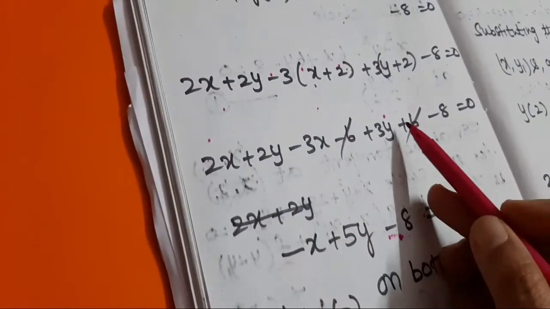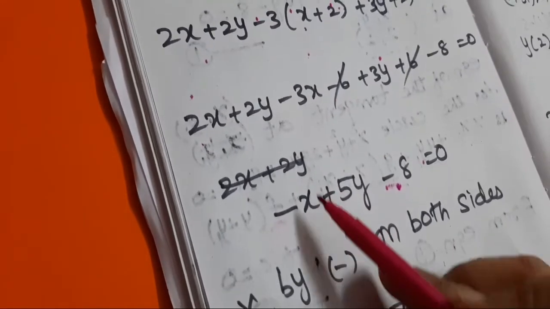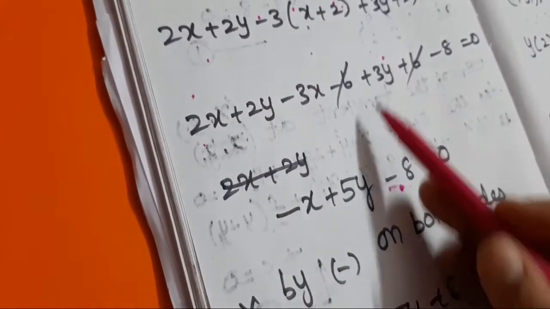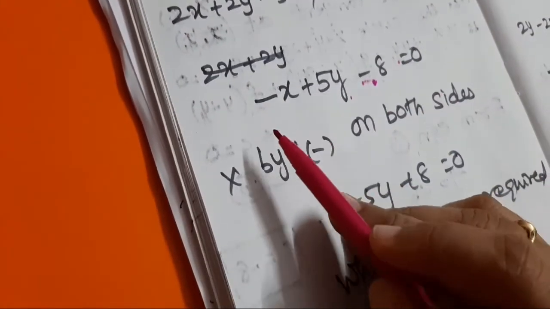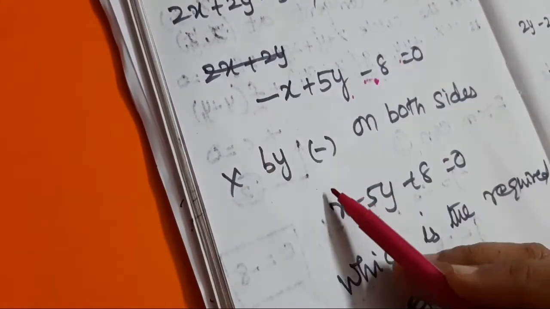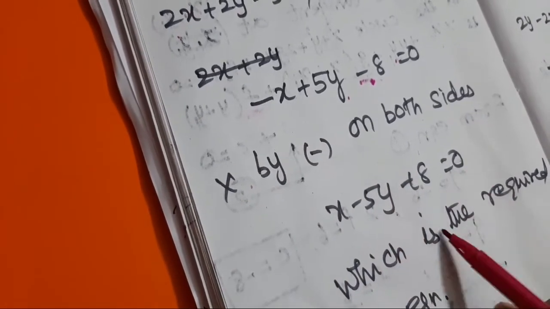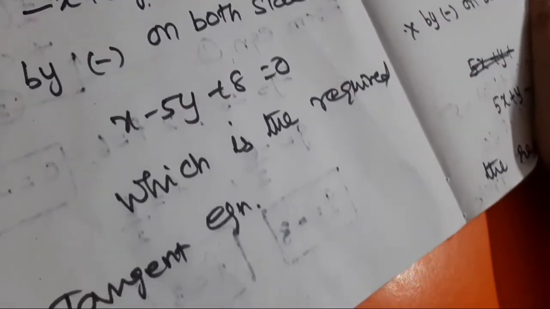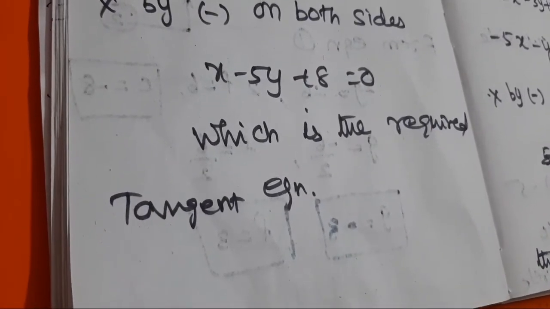So the plus 6 and minus 6 will cancel. 2x minus 3x is minus x, 2y plus 3y is 5y, minus 8 is equal to 0. So I can multiply by minus on both sides. This will be x minus 5y plus 8 is equal to 0, which is the required tangent equation of the circle at (2, 2).